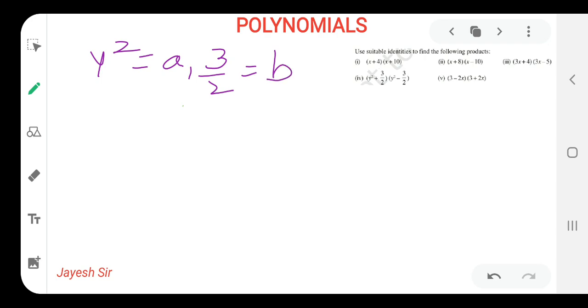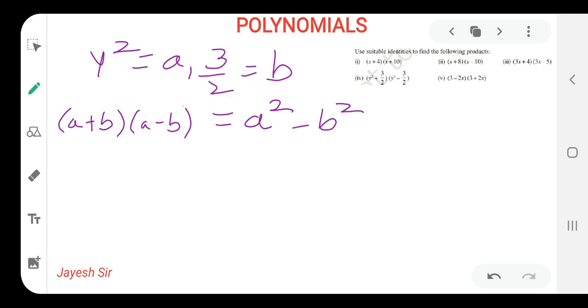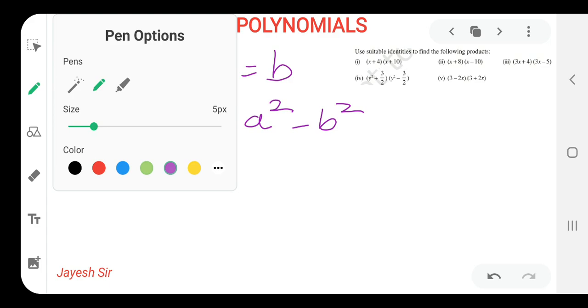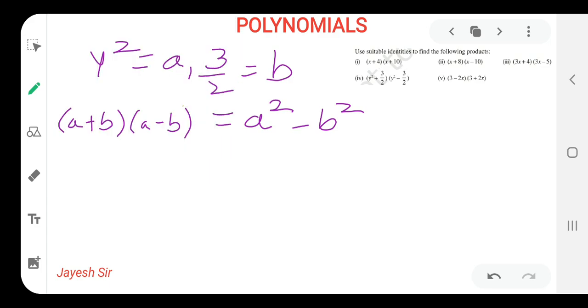Now we'll try to relate with the formula a plus b, a minus b. This is the formula I have written. So let's try to solve it. A plus b, where a we have assumed as y square, so I am putting y square plus 3 by 2.